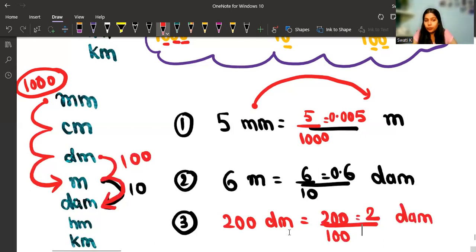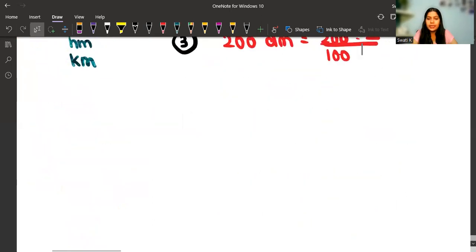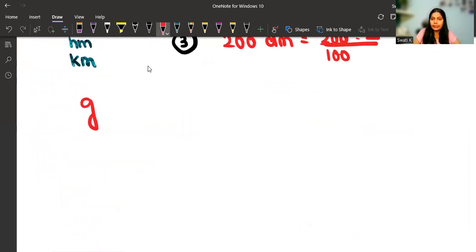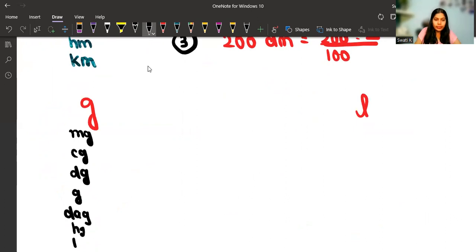In this way, you can do any questions in the conversion of units. Now let me make you understand the other 2 base units, gram and liter. For that, let me write down the units first. So that was milligram, centigram, decigram, gram, decagram, hectogram, kilogram.